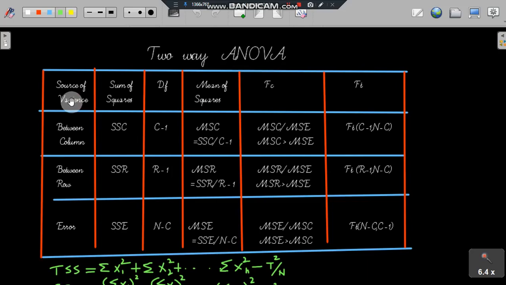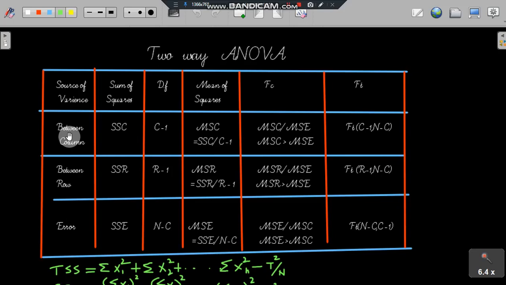As we studied last time, here also 1, 2, 3, 4, 5, 6 columns are there. The first column talks about the sources of variance. The column and row, these are the sources. Between the columns, is any association there? Between the rows, is any association there? Association, or another terminology, we call it homogeneity.